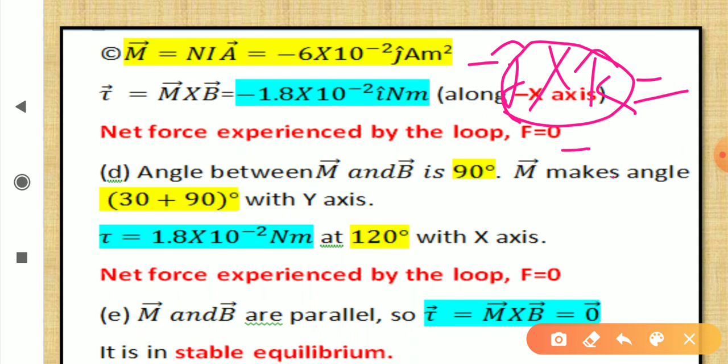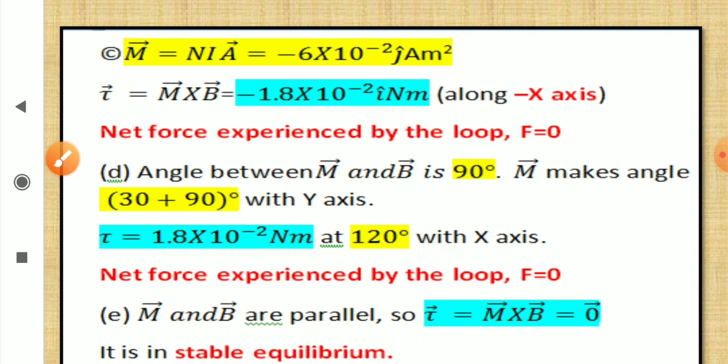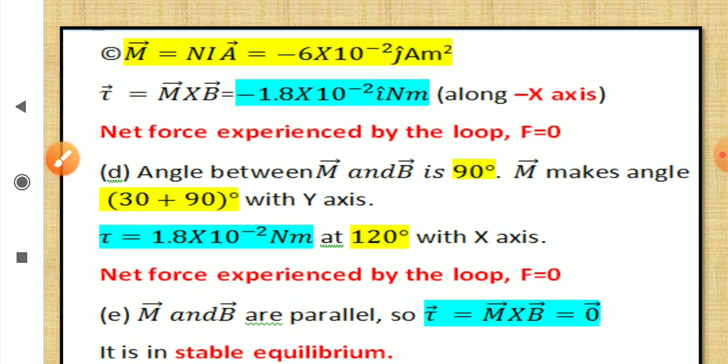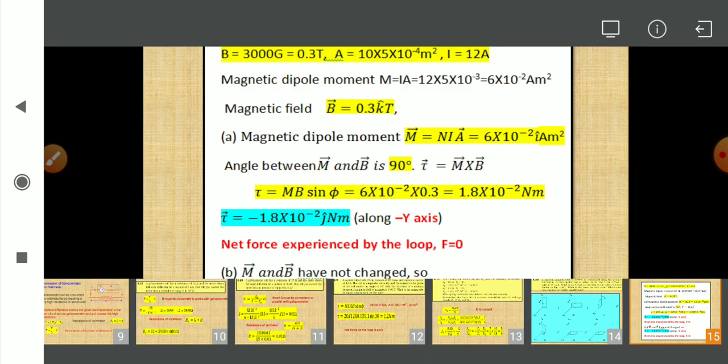So you get minus I cap, right? So now you get minus I cap here and the magnitude is the same. So it is along the minus x-axis, and the net force experienced by the loop is again 0. Okay. Now let us look at the next part here.